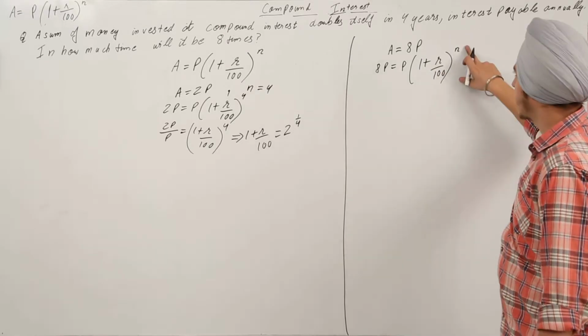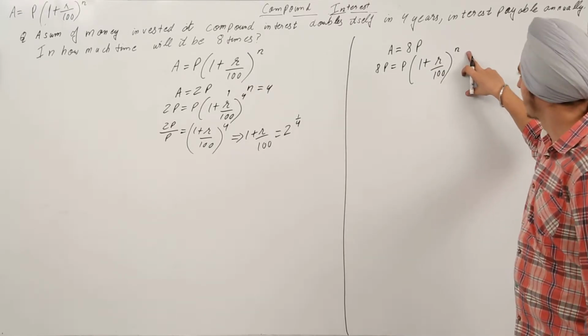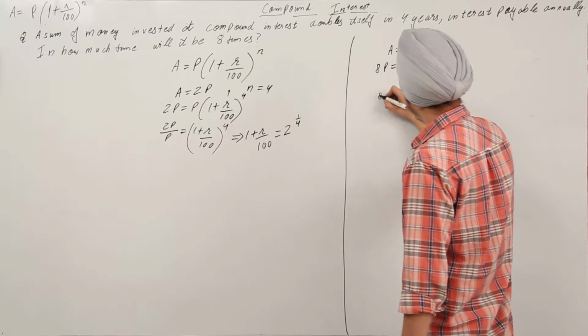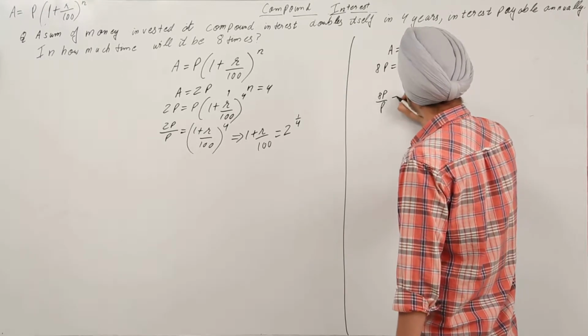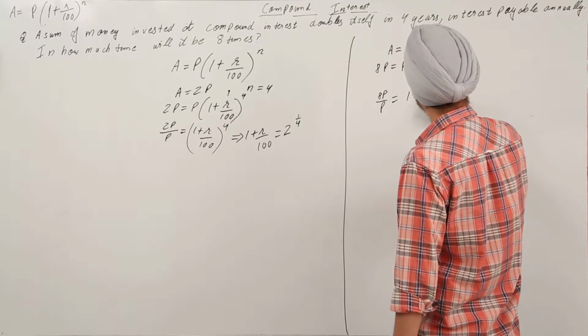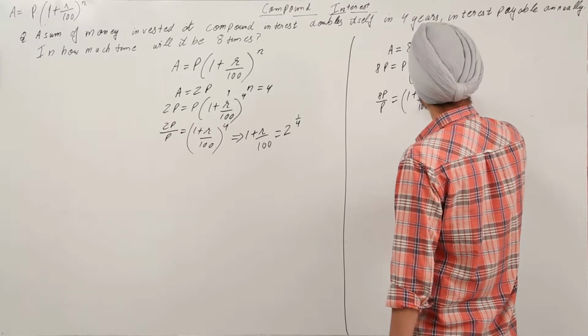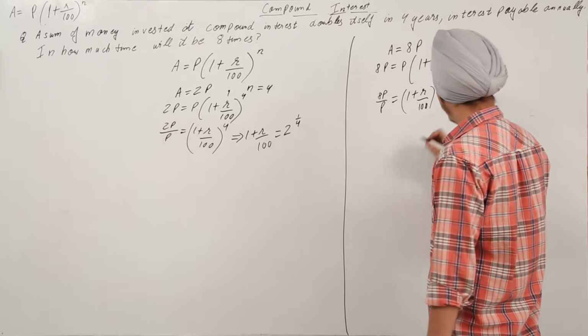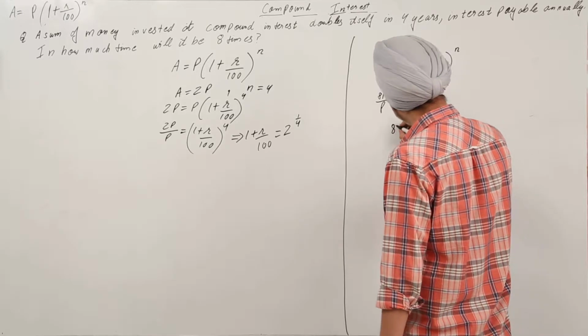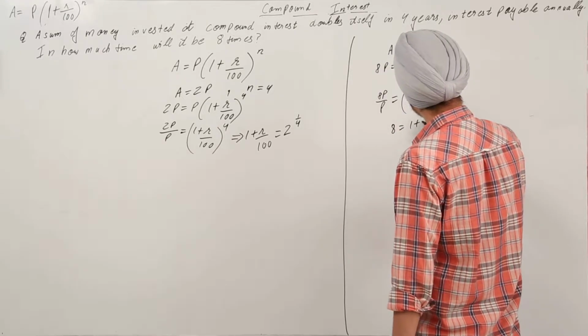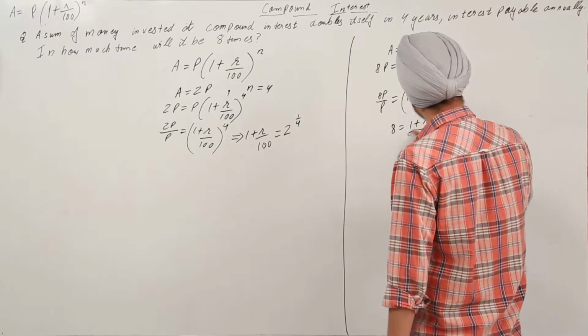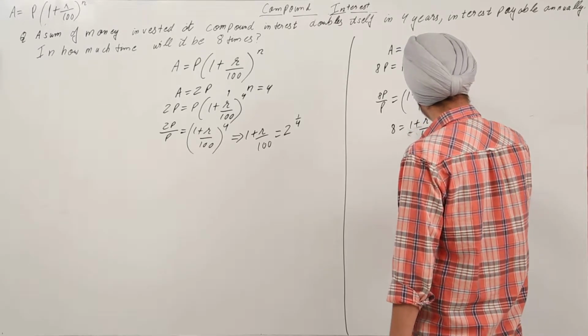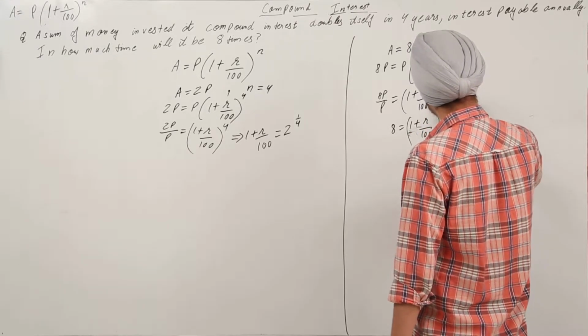We have to find out the time here, so n is unknown. Now we have 8P upon P is equal to (1 plus R by 100) raised to power n, which means 8 is equal to (1 plus R by 100) raised to power n.